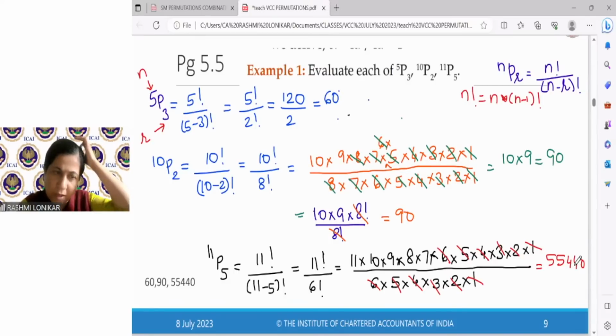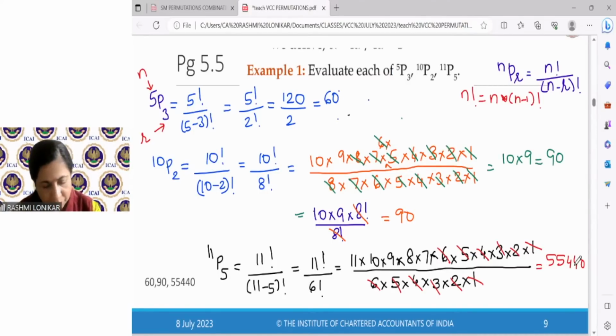NPR is the formula. N is the total number of objects from which we are making the selection, and R is the number of objects we are going to select. Or the length of the sequence. What is R? R is the length of the sequence that we want to have.